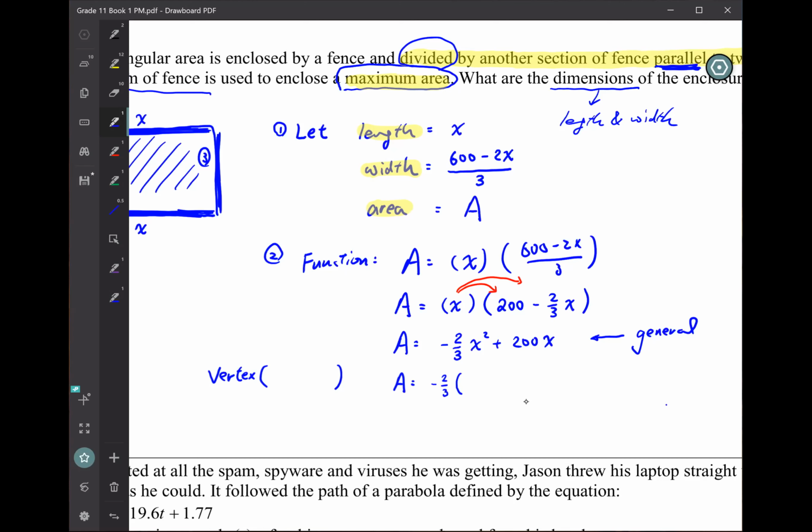I'm not sure if I did it correctly. It's okay. I got negative 2/3 bracket x squared minus 2/600. How did you come up with that number? What did you do? 200 divided by negative 2/3. Okay, so let's write it on the side.